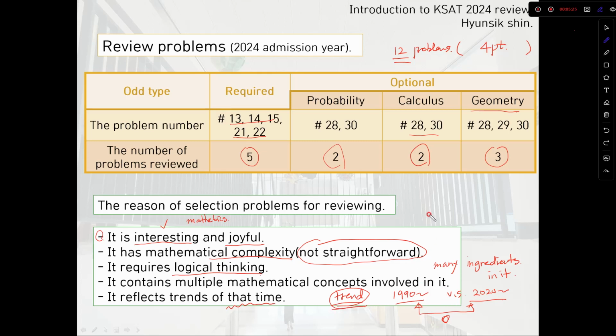Because this test is affected by the environment, nowadays we put much weight on logic and computation, or we have very fancy AI techniques and so on. Those environments are reflected in the problems of that era.